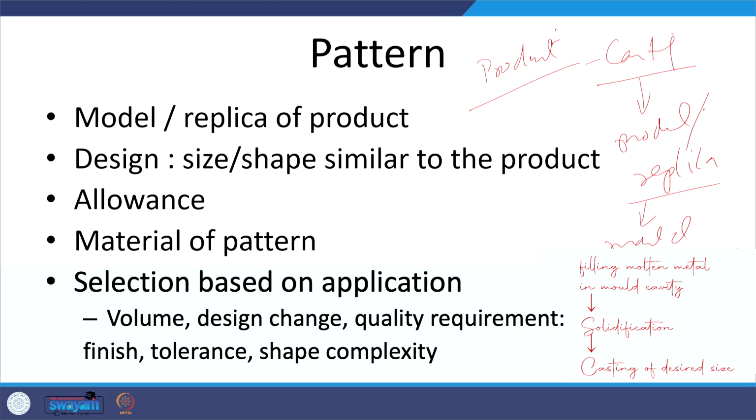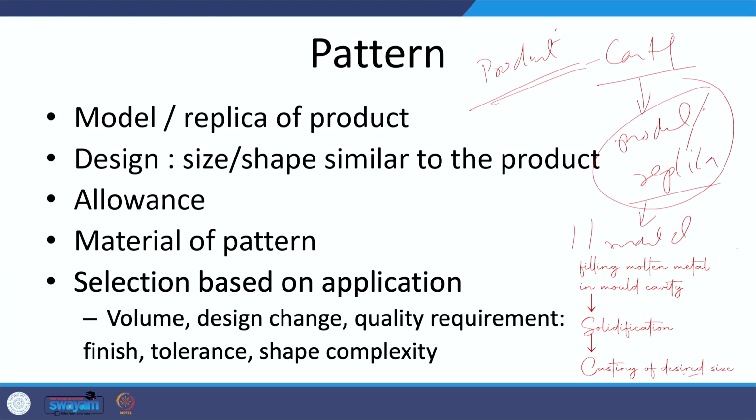We will get the metal casting of a size close to the desired one. So, in this sequence, for making a product by casting, first of all the model or replica is to be made, and thereafter the mold comes.